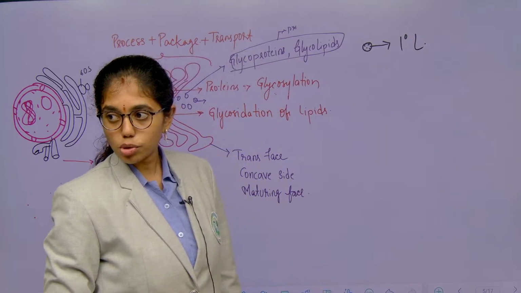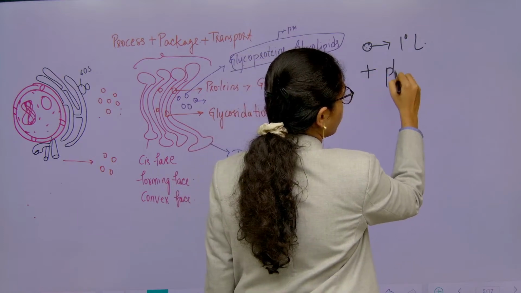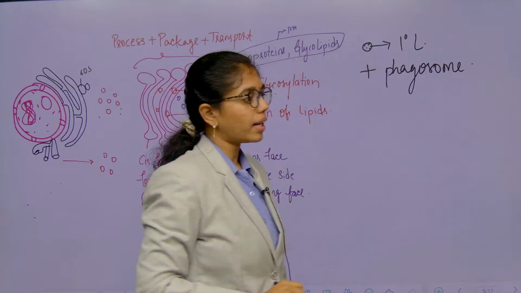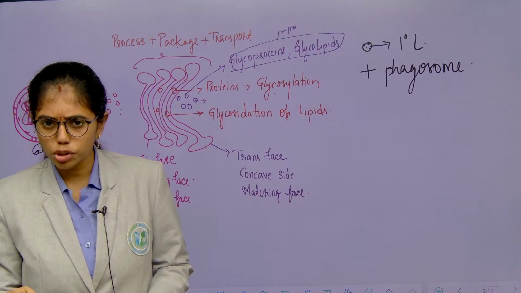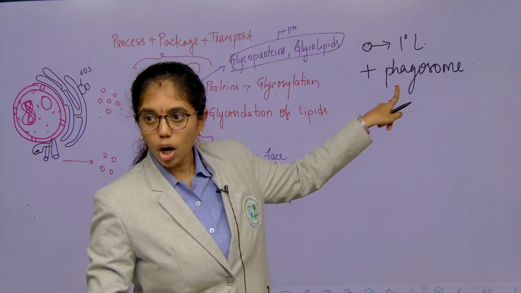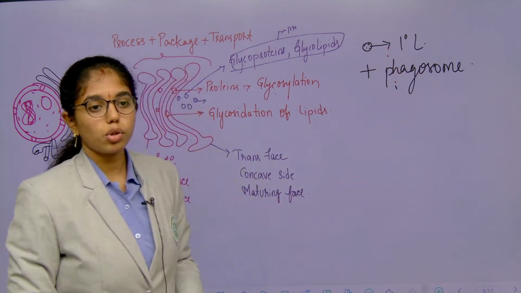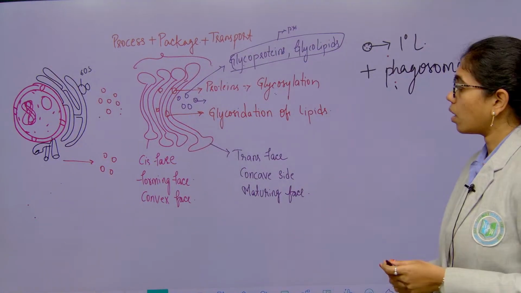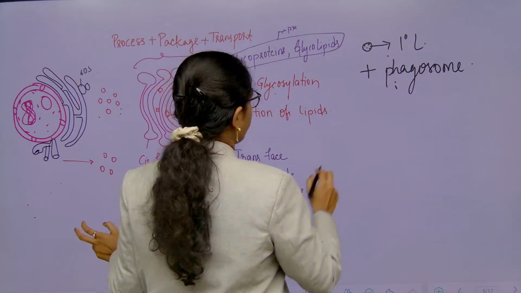If this primary lysosome is adjoined or attached with a phagosome, what is a phagosome? A food particle or digestive particle inside the cell, or any biomolecule which is about to be digested, is known as a phagosome. The primary lysosome along with this phagosome is known as a secondary lysosome or heterophagosome.